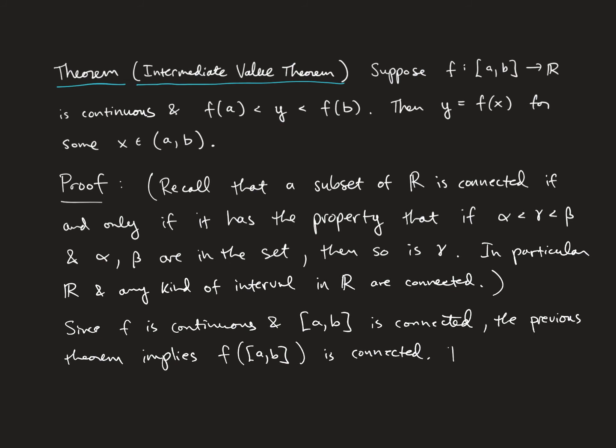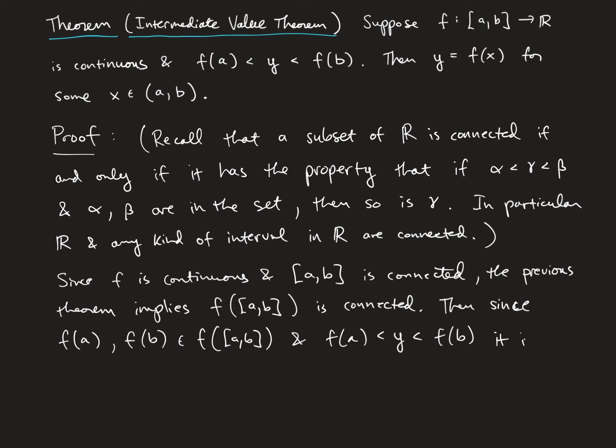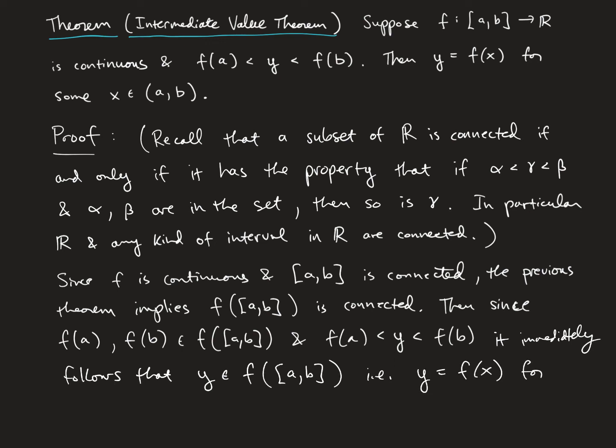Well, then since f of A and f of B are in f of AB, and f of A is less than y is less than f of B, it immediately follows that y is in this connected set f of AB, i.e. y equals f of x for some, well, it's really x in the closed interval AB, but of course we explicitly said y is not f of A or f of B. So it's some x in the open interval from A to B. And that's it.